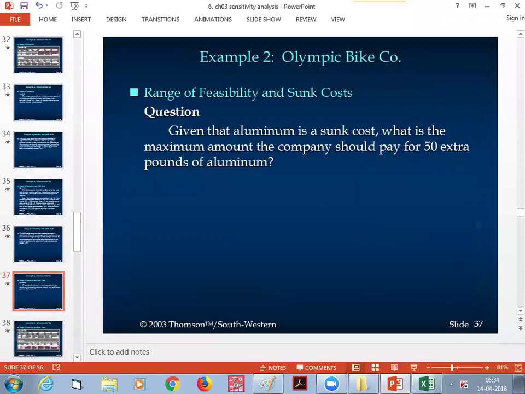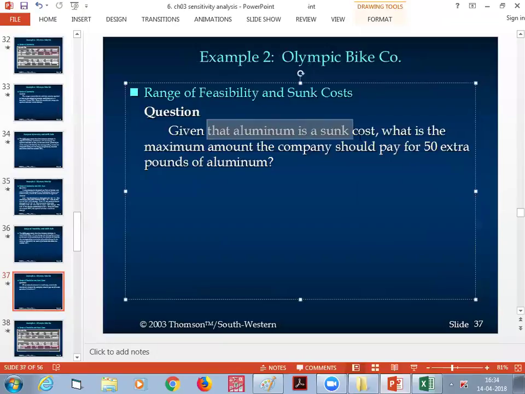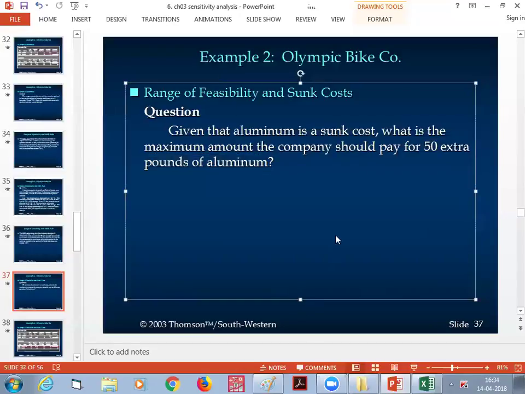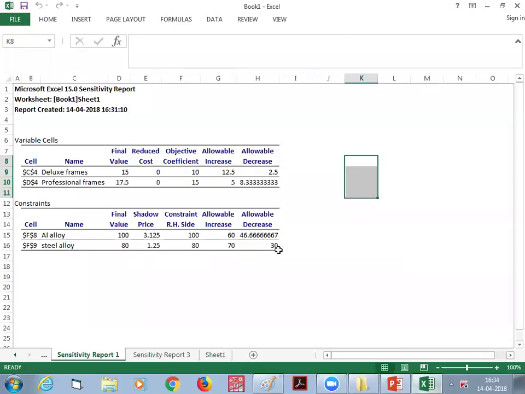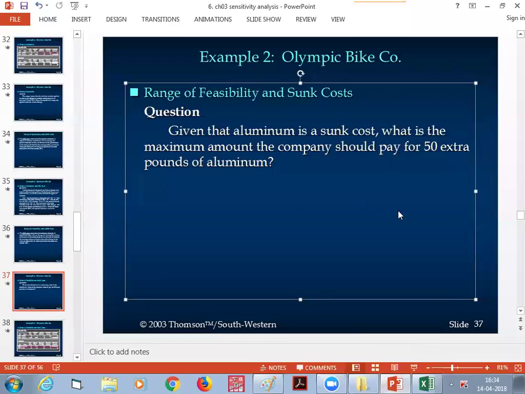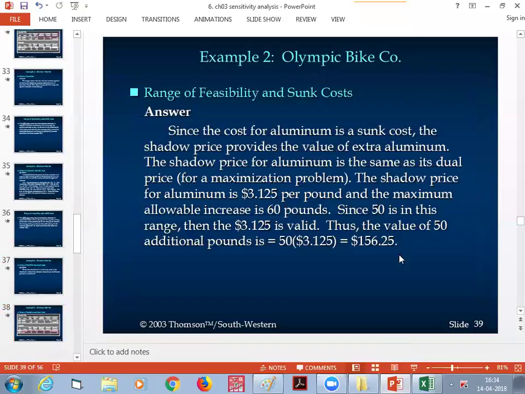So given that aluminum is a sunk cost, what is the maximum amount the company should be willing to pay for 50 extra pounds of aluminum? Is that within the RHS range? Yes, it's up to 60. So it's within the range.